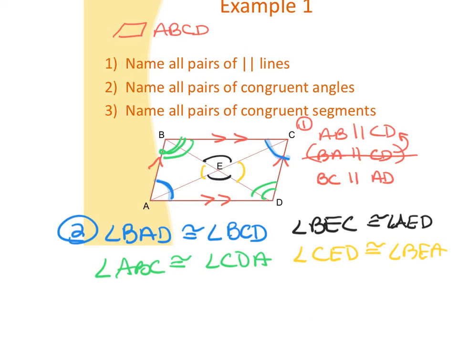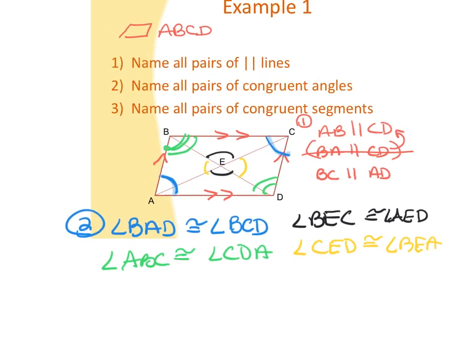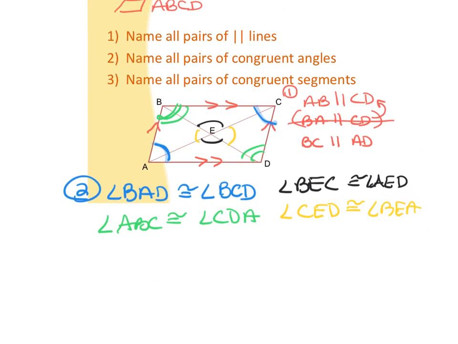Now we need to name all the pairs of congruent segments. And there's a bunch here also. We have the theorem we just learned that opposite sides in a parallelogram are congruent. So we could say AB and CD or DC.